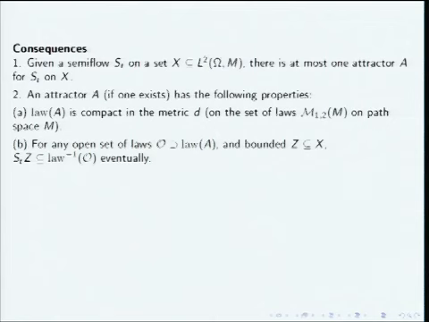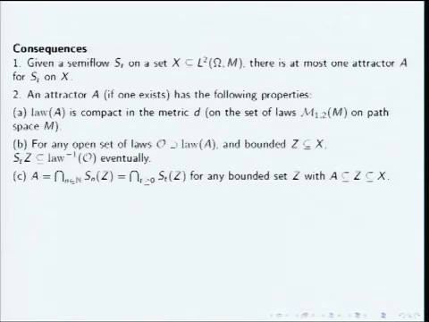Let's see. Yes, there's also attraction at the level of processes in this sense here. So the set of processes whose laws are in a given open set eventually attracts bounded sets of processes.